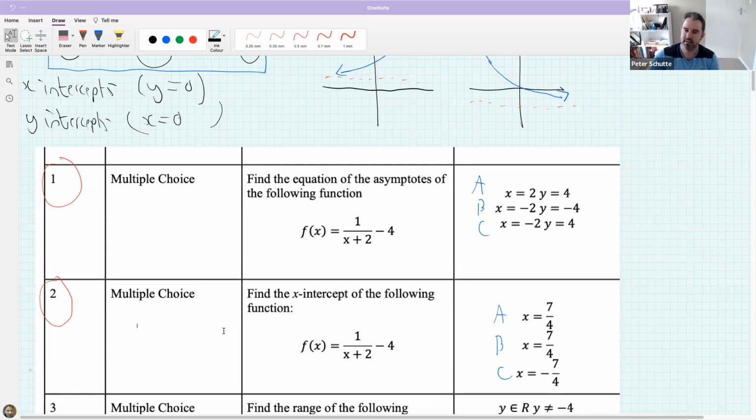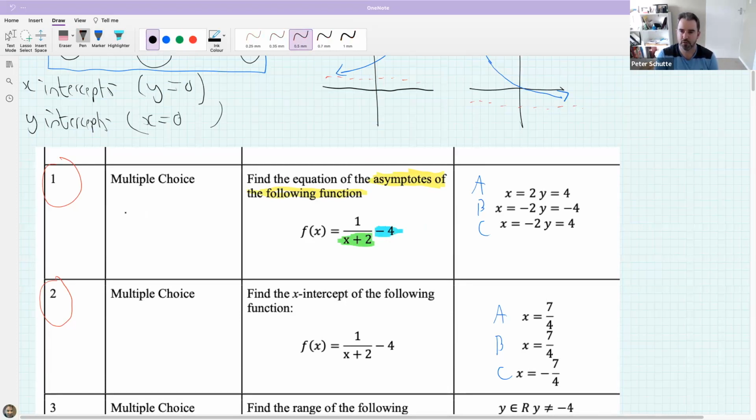So you're finding the asymptotes of this hyperbola. Because this is a hyperbola, how do you find its asymptotes? Well, there's 2 asymptotes.